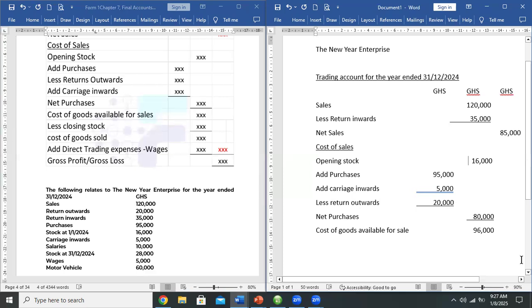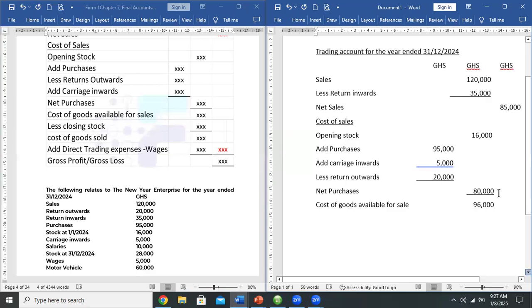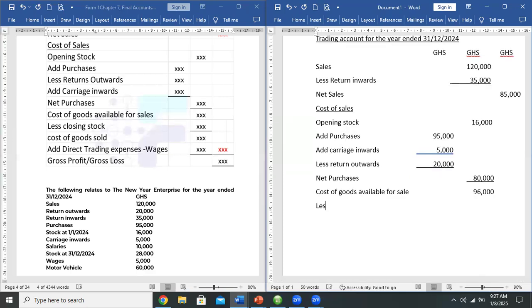Okay. When you have the cost of goods available, the format says less your closing stock. So you less closing stock. And the closing stock, I think we have that figure to be the stock at 31st December, 28,000.